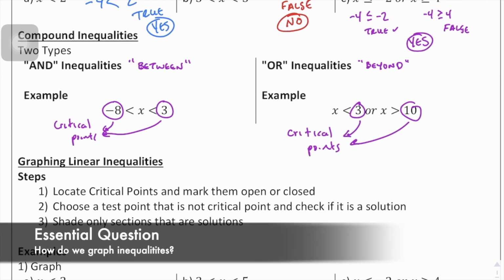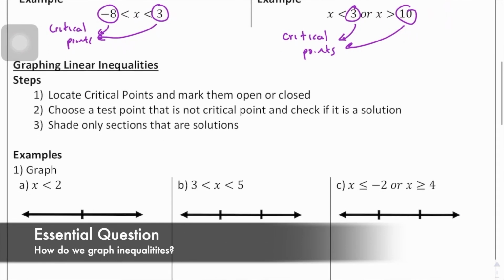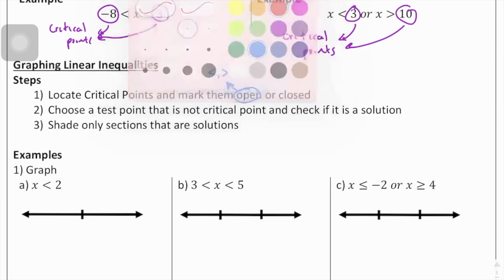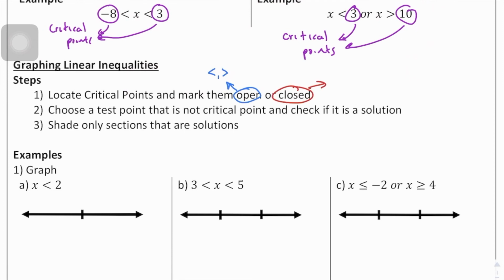Now, how do we graph inequalities? There are three steps. First, locate critical points and mark them open or closed. They're open if you have less than or greater than, and they're closed if you have less than or equal to or greater than or equal to.